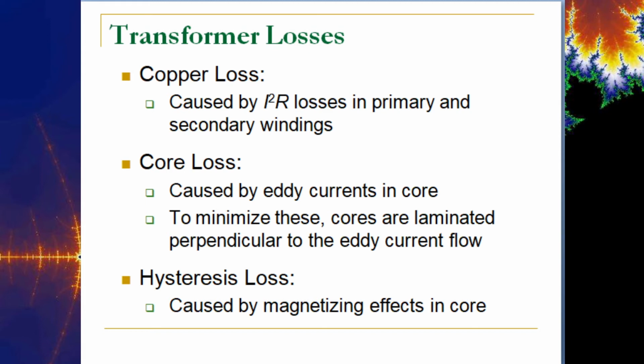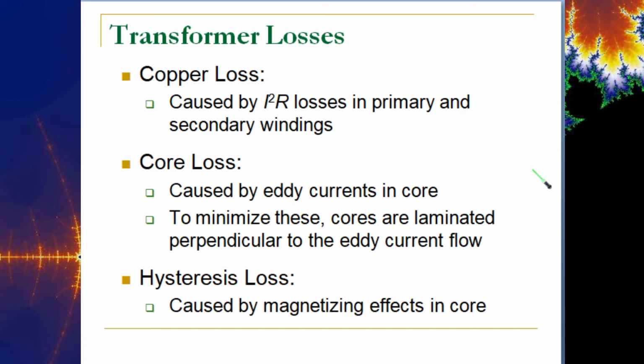So as I said, it's not possible to have 100% of the energy from the primary go to the secondary without any losses. And here are just a couple of them that I hinted at earlier. One of them is the copper loss. In the actual primary and secondary windings, you have a little bit of power dissipation, because anytime you have a current through a resistor, you're going to have some heat, some power dissipation.